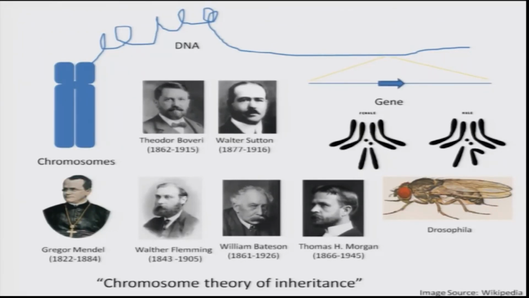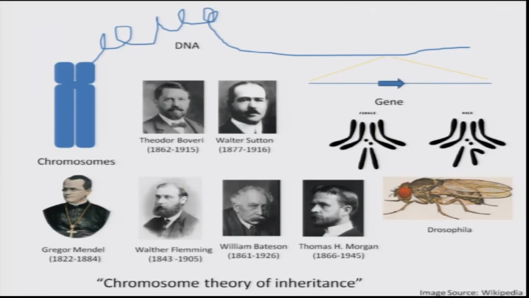We call this the chromosome theory of inheritance, and it is called a theory because it is purely observational. There is no evidence to show that indeed that is the case, because they did not know what the chromosomes are made up of and what really dictates which phenotype should be there. They were not clear about that, but they made this theory.